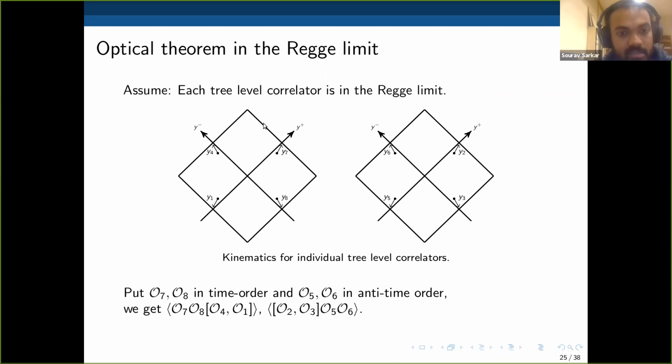But we are assuming here that in the Regge limit, the leading contribution comes when the points 5, 6 are also such that the correlator is in the Regge limit. This makes sense physically, and it's probably easier to explain with the impact parameter representation why it makes sense. So maybe I will answer it then. Okay, cool, thanks.